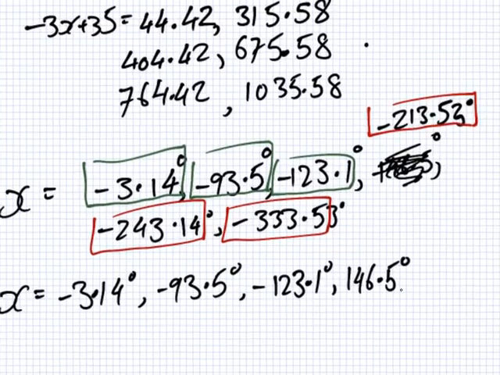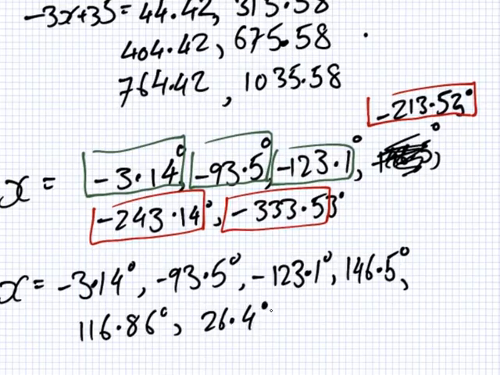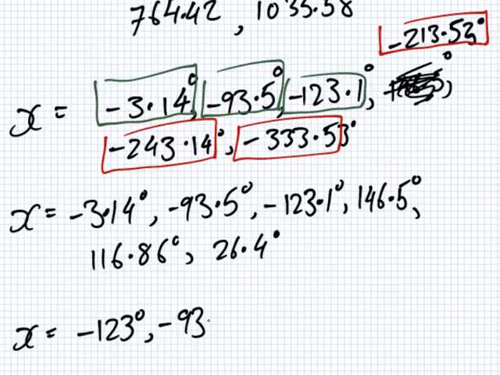What's the next two, please? 116.8. Okay, and the last one? 26.4. Okay. Well, we're going to round them all off now. What's the smallest one here? Minus 123 degrees, then the next one is minus 93.5 degrees.